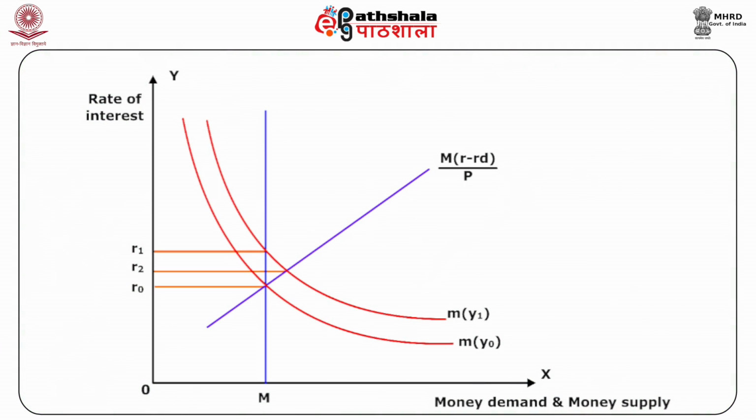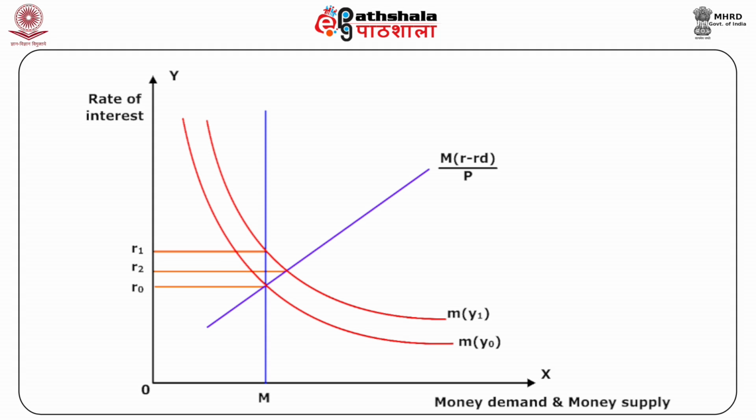The rate of interest would increase from R0 to R1, and if it were an exogenous money supply function, nothing would happen to the money supply. But with an endogenous money supply function, the rate of interest would increase and the money supply would also increase. Correspondingly, suppose in the product market the level of income increases from Y0 to Y1.